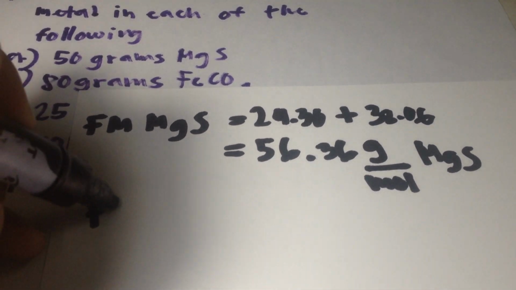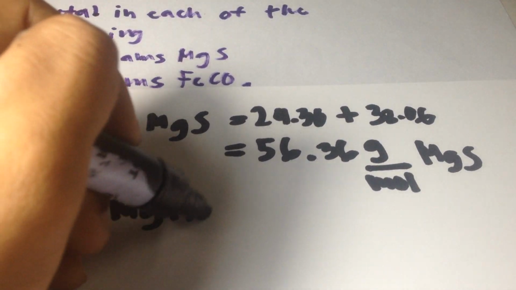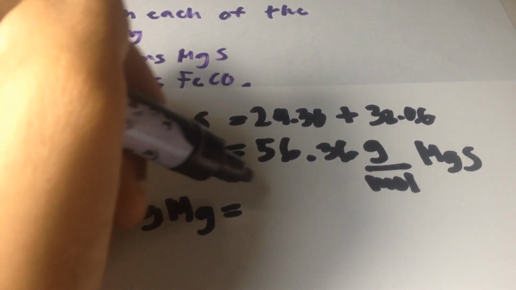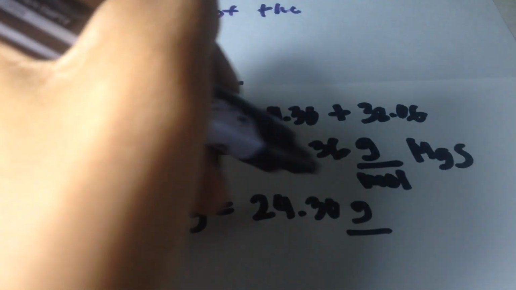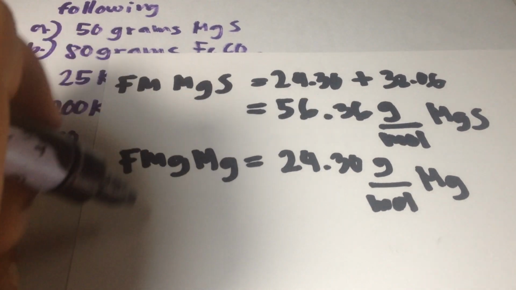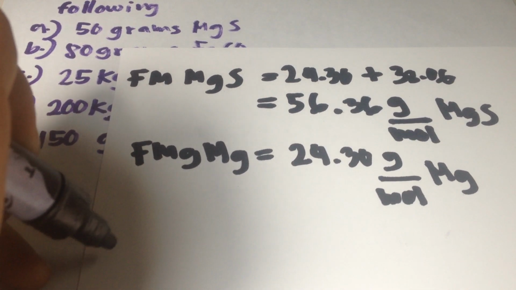And the formula mass of magnesium is equal to 24.30 grams per mole of magnesium. So we need to calculate the mass of magnesium.